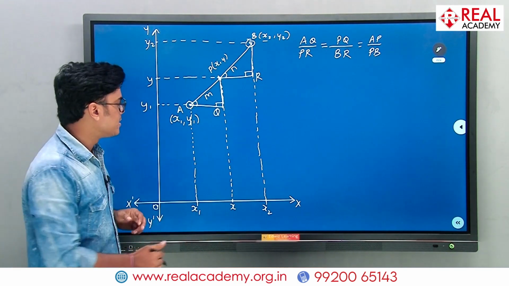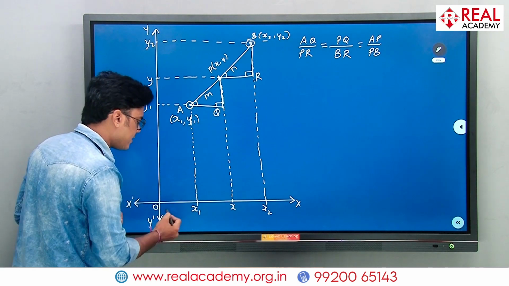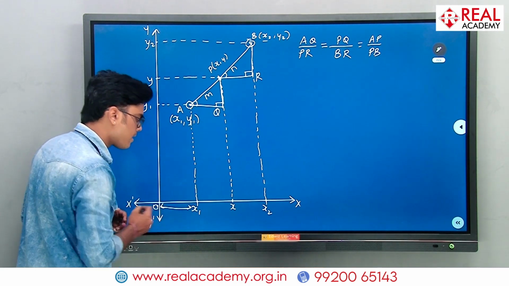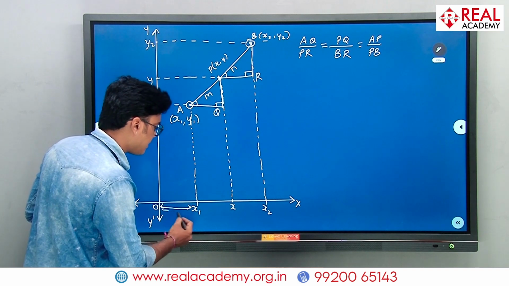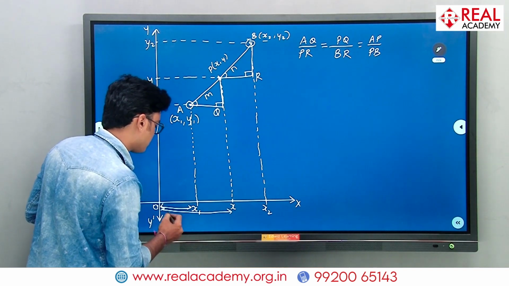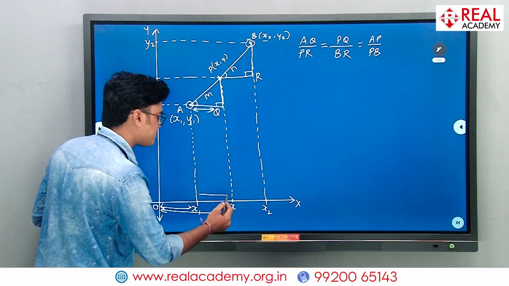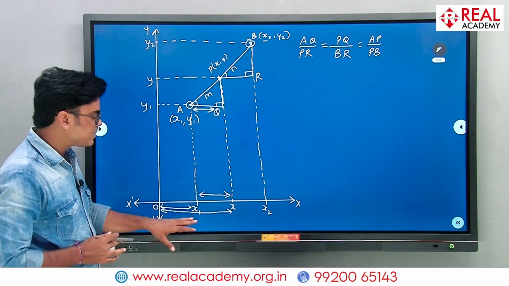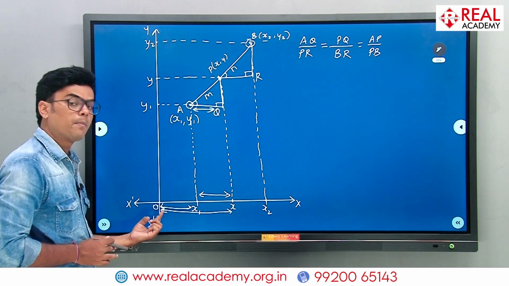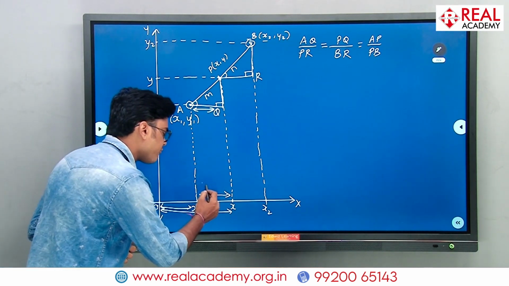How do we do that? See, till here it is x1. And till here it is x. So if I have to find this side AQ, you have to find this much length. Now if you observe clearly, x minus x1 will give me this side.